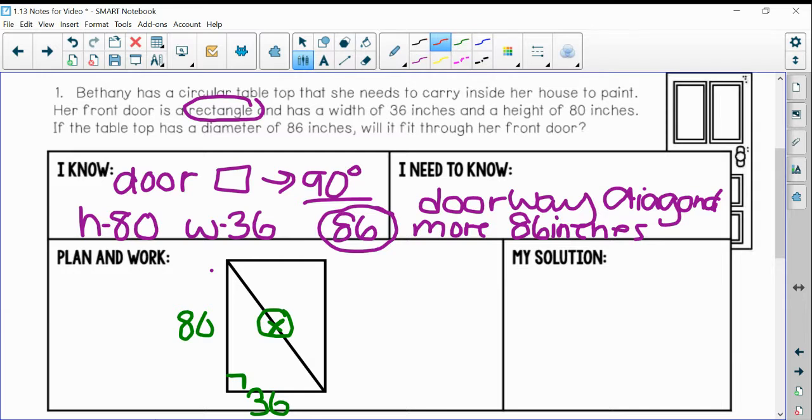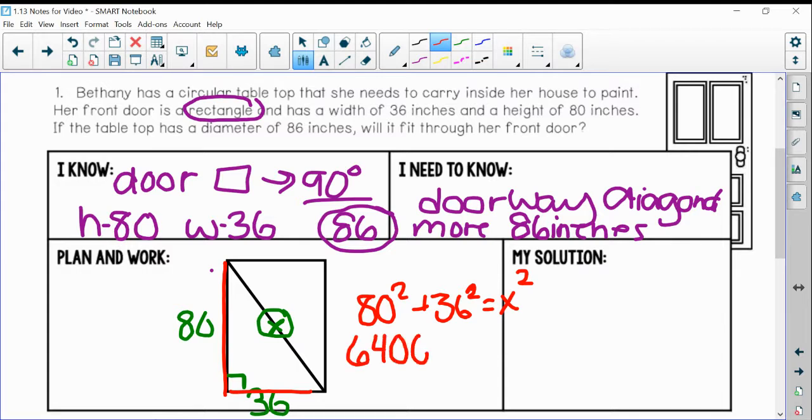So we know the Pythagorean theorem states that the two legs, the two sides that form that right angle, squared and added together, equal, in this case, the unknown hypotenuse squared. So we're going to say 80 squared is 6,400 plus 36 squared is 1,296.